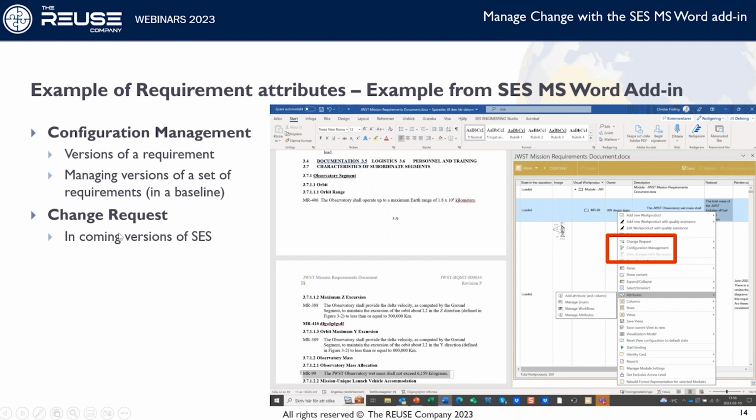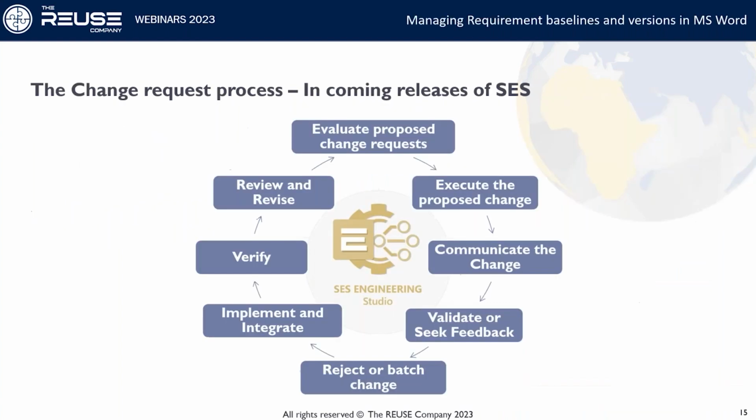We also have change requests implemented in SES, which makes it possible to lock the work item, so that you can control who is managing the changes. This is not live and kicking in the SES add-in for Word at this point in time. It will come in later revisions of the software.